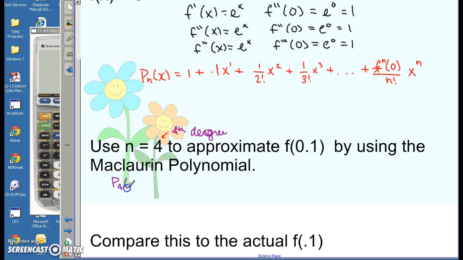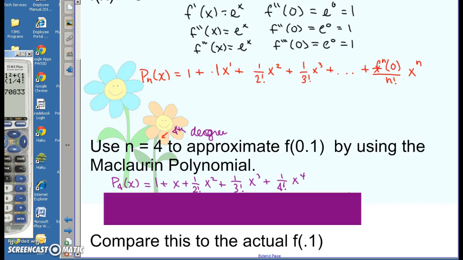So we've got p sub 4 of x, 1 plus x plus 1 over 2 factorial x squared, plus 1 over 3 factorial x cubed, plus 1 over 4 factorial x to the 4th.